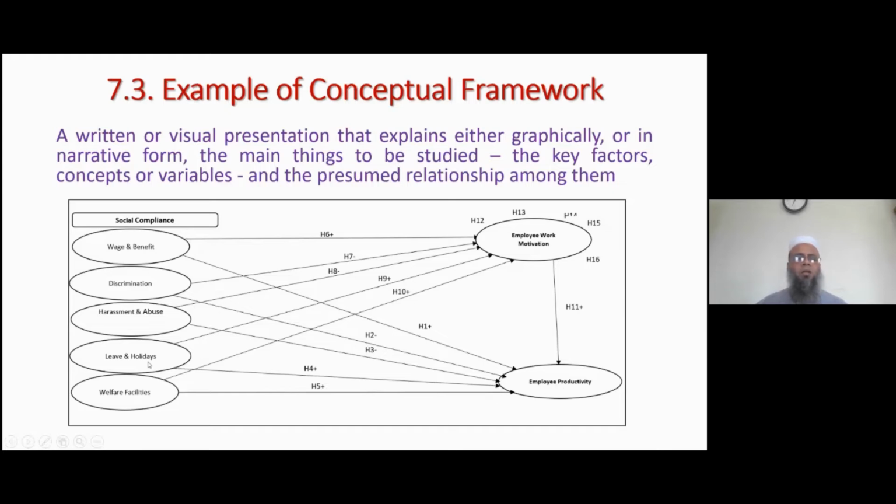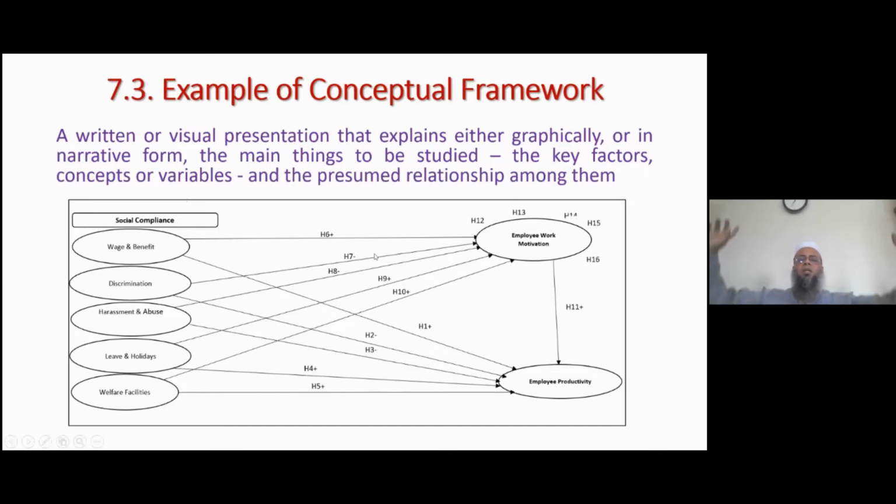And leave and holidays has a significant effect on it. So this is how we develop our conceptual framework. The arrow goes towards employee work motivation and then over to employee productivity. We show the relationship over here.